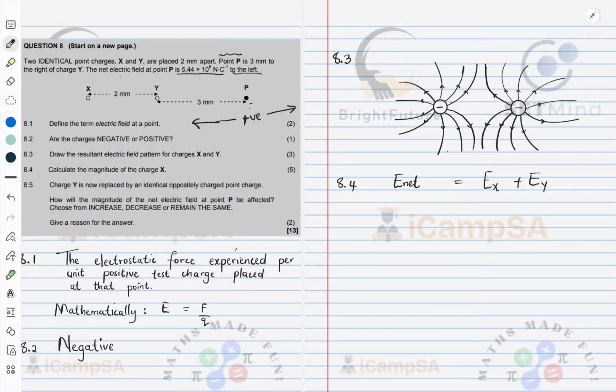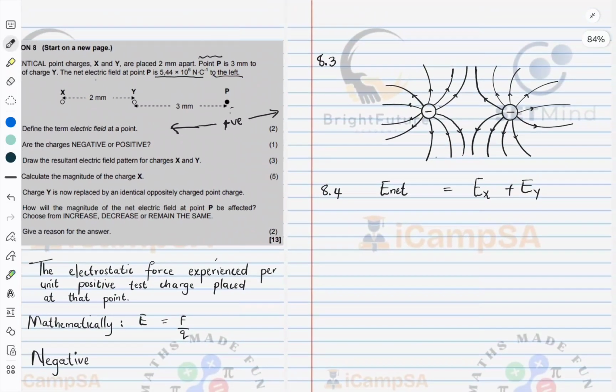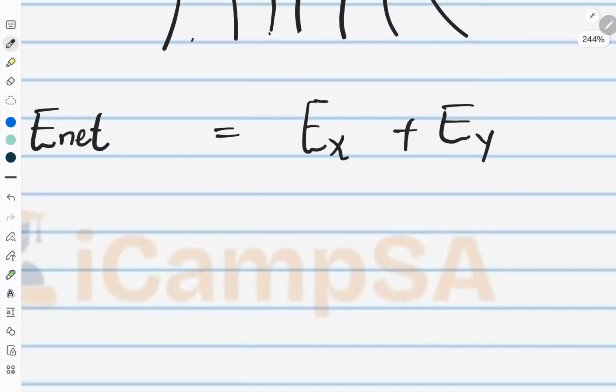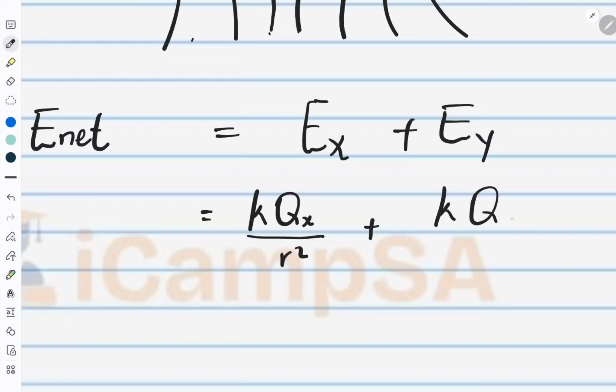And then we would start substituting our values. So we would have K QX over R squared plus K QY over R squared, and then this is equal to the net field.